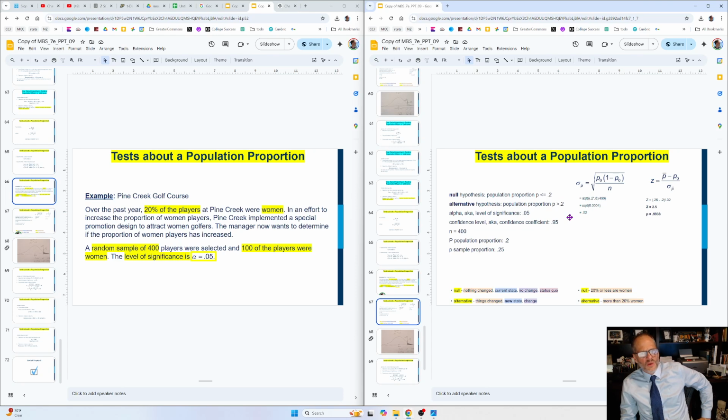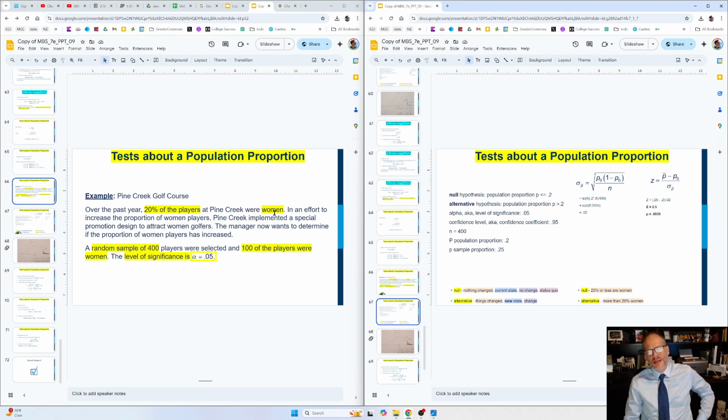But the first thing we want to do is develop our null hypothesis and our alternative hypothesis. When you're putting together your hypotheses, the number one thing to think about is that the null has to be the current state, that there's no change, the status quo. Currently, the status quo is that 20% of golfers are women.